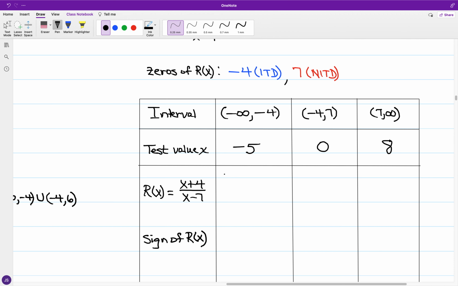And for the outputs, for r of negative 5, we have negative 5 plus 4, so you have negative 1, and negative 5 minus 7 is negative 12. So initially you will have negative 1 over negative 12, and a negative over a negative is going to be a positive.